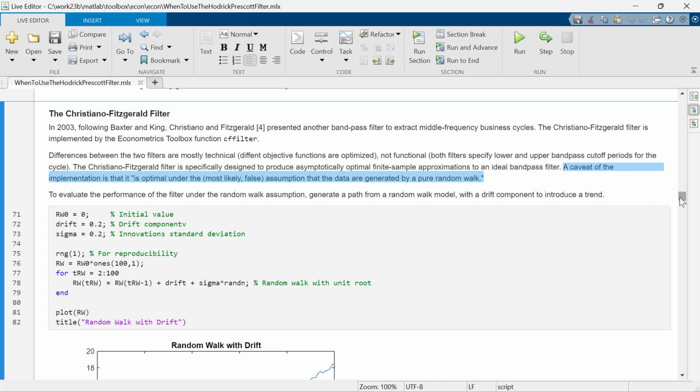But what Cristiano and Fitzgerald also argue later, and it's quoted here in the example, is that even if this assumption is false, for a large number of economic time series, their filter performs very well. So it may not be optimal, but it performs very well in its self-described bandpass goal.